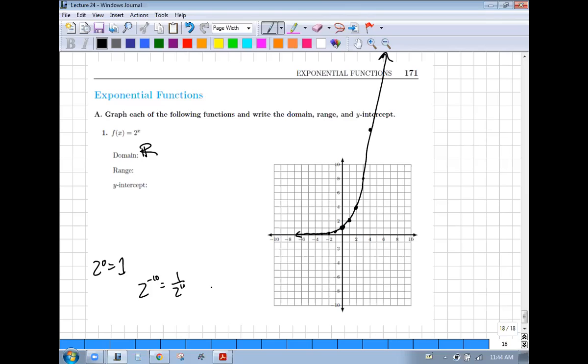Now the range is the output. Notice there's nothing down here. This thing may get closer and closer to 0, but it never reaches it. So we have to put a round bracket there. It's always greater than 0, but it goes up to positive infinity. The y-intercept, here's your y-axis, it intercepts at (0, 1).